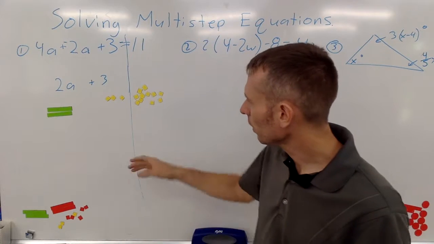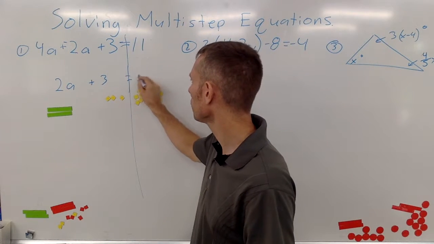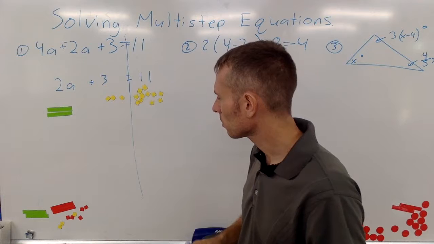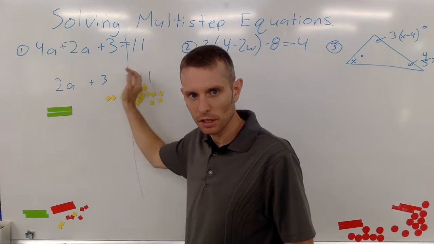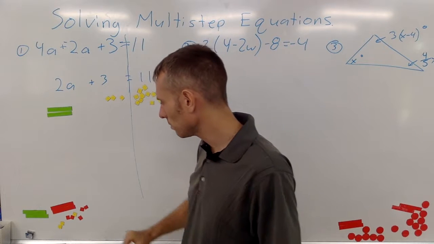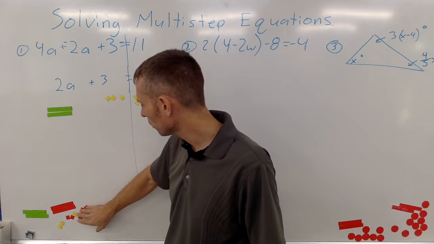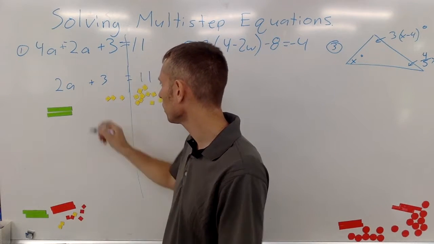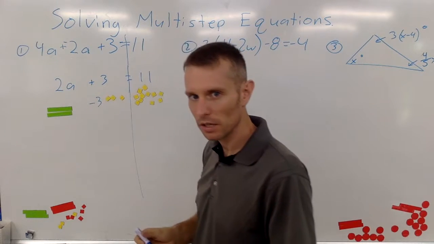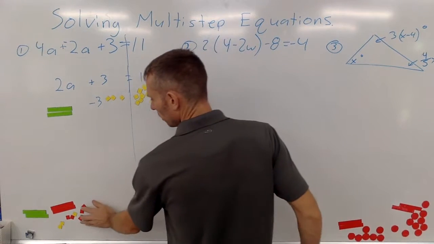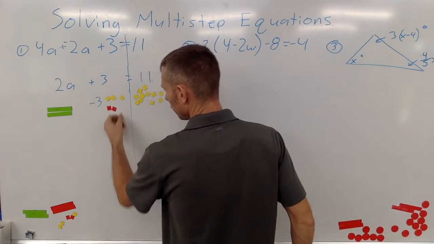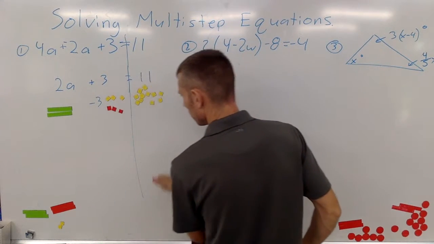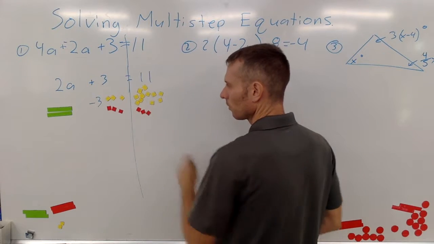Now I have basically a two-step equation. This should look familiar. And so I have a is being multiplied by 2 first, and then 3 is being added later. So I'm going to subtract 3 from both sides, the inverse operation of adding 3. So I'll represent that by negative 3 and negative 3 here.